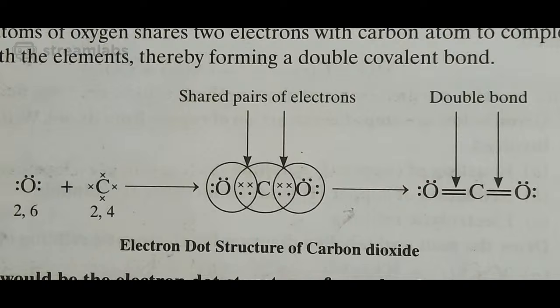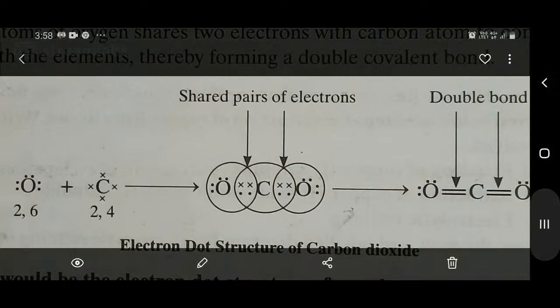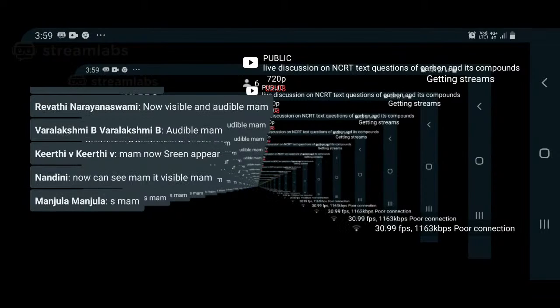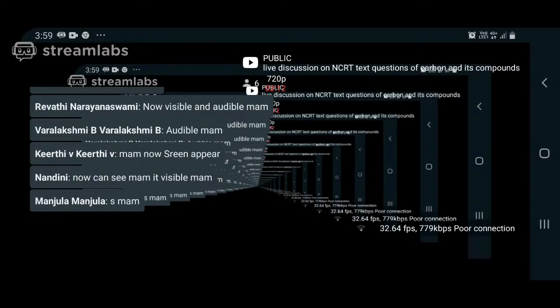Okay, now it's visible. Okay, fine. I'll repeat the same concept because previously it did not have a clear visual, only audio, right? I'll repeat the same concept once again. Just have a look at that.